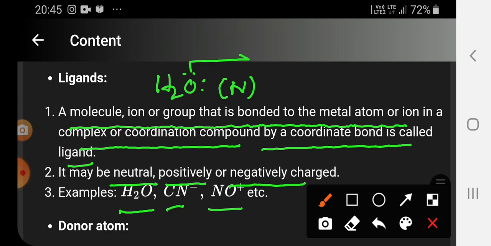In the water molecule, oxygen is known as the donor atom. Similarly, CN-, again an electron rich species, carries a negative charge, so it is known as a negative ligand, and NO+ carries a positive charge, so it will be a positive ligand.